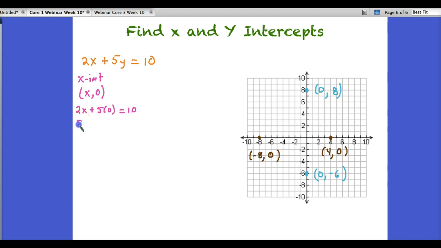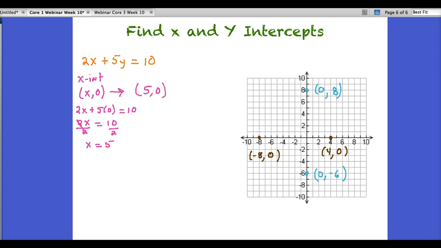Well, 5 times 0 is just 0, so I get 2x equals 10. And if I solve for x, that means I divide both sides by 2. Those turn into 1, and I get x equals 5. So for my x-intercepts, when y is 0, x is 5. So there's a point that I can graph, right?